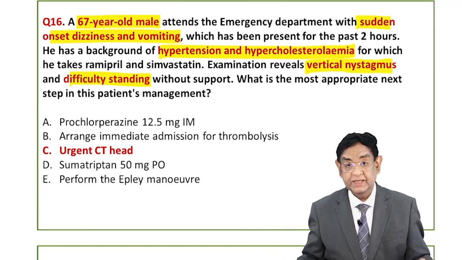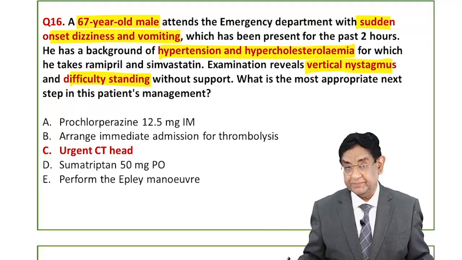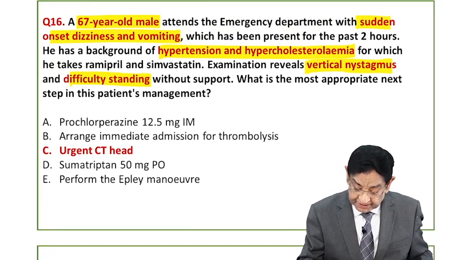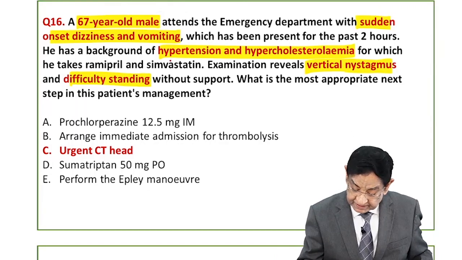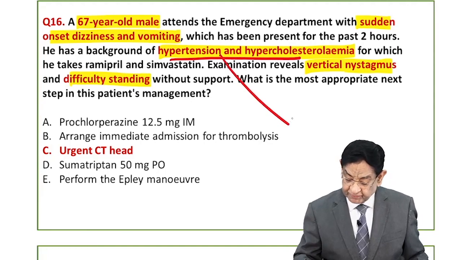And there is vertical nystagmus. The patient has hypertension and hypercholesterolemia. They indicate what?